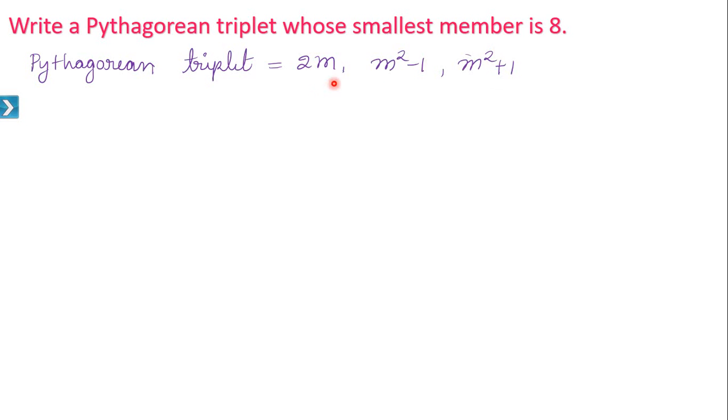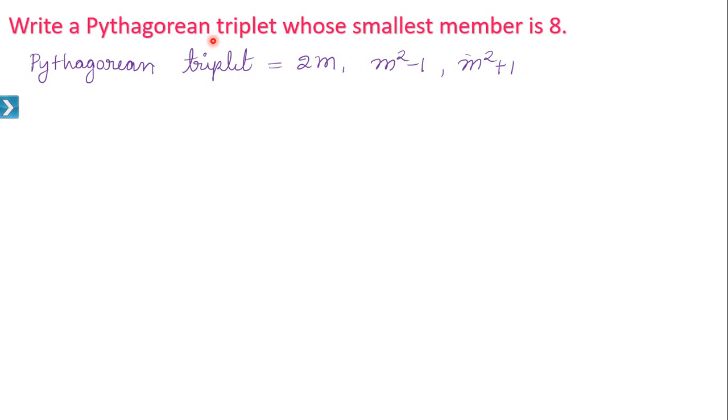In 2m, m square minus 1, m square plus 1, m square plus 1 is the largest number. So, either 2m or m square minus 1 is the smallest number.